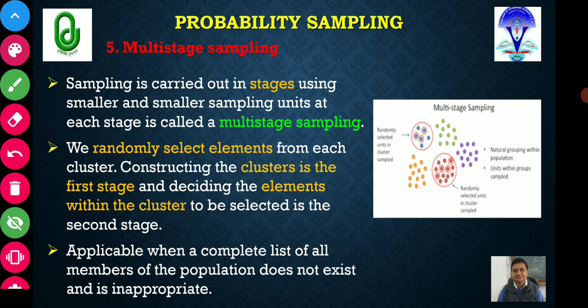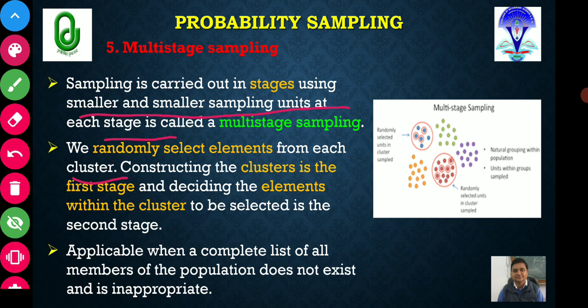The fifth one is multi-stage sampling. This is a combination of the earlier studied methods. Here sampling is carried out in stages, using smaller and smaller sampling units at each stage. So we randomly select the elements from each of the clusters.